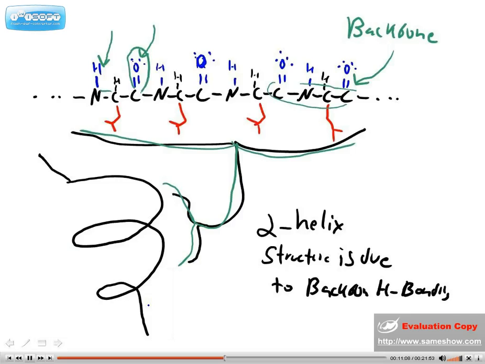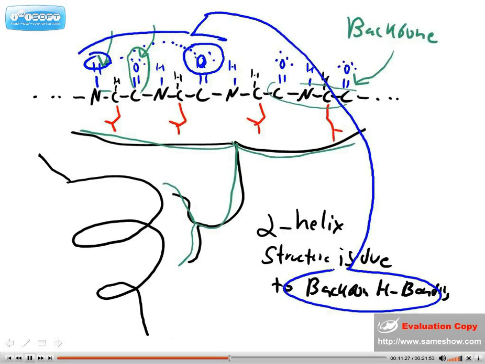So if I were to draw a dashed hydrogen bond between this hydrogen and this lone pair on this oxygen right here, this is an example of backbone hydrogen bonding. On the structure, basically we would see on a nitrogen the hydrogen that comes out like this. On the carbonyl group, we'd see the oxygen. And again, we have the backbone hydrogen bonding.